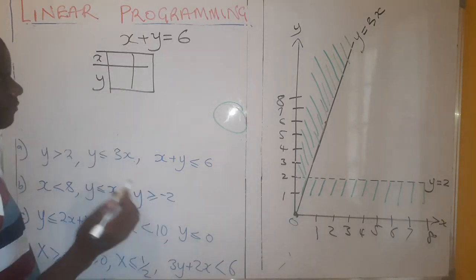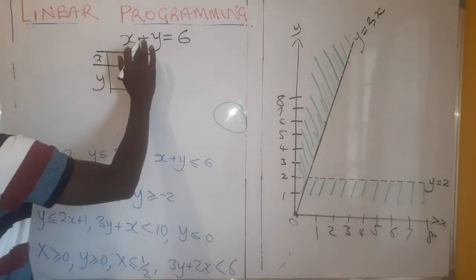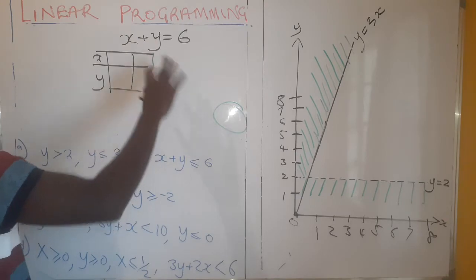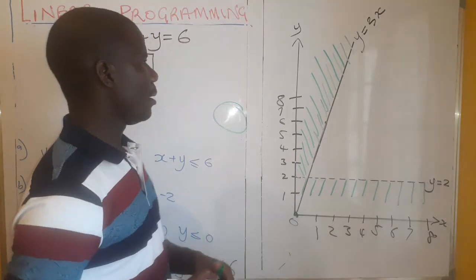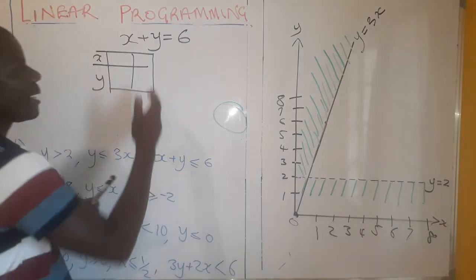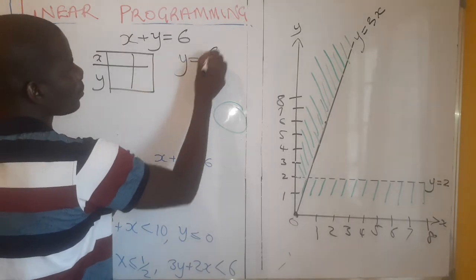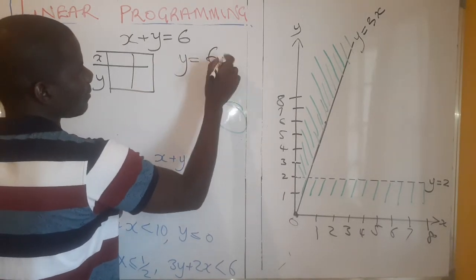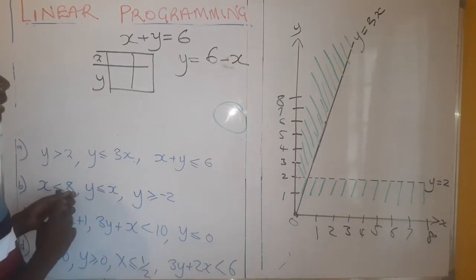And for me, I have said if I have 2, they are enough. So you can use this as it is here, or if you want possibly for easier purposes to make it simpler, you can make y the subject of the formula. It is going to be like y is equals to 6 minus x.